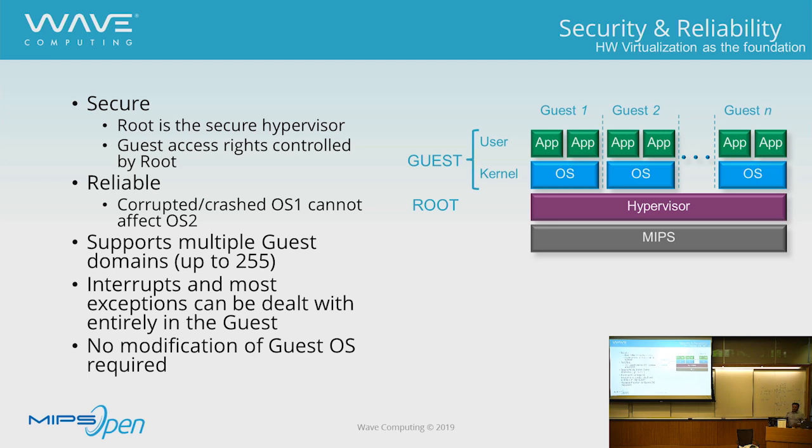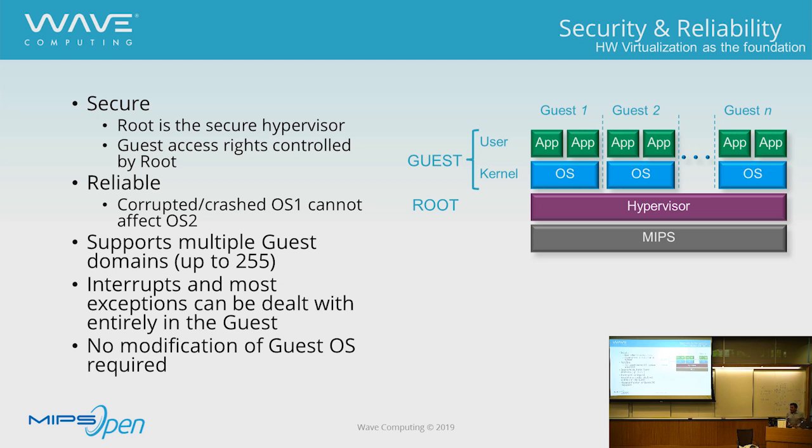So in that situation, as you're booting up, you have an authentication mechanism. It comes up, authenticates your root kernel, and then brings it up. At that point, there is a chain of trust. They can start further authenticating the rest of the system. So root can be a secure hypervisor managing guests. Guest access rights are controlled by root. So clearly, you can enforce those policies through the root.